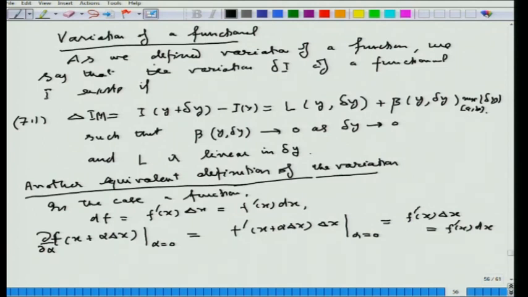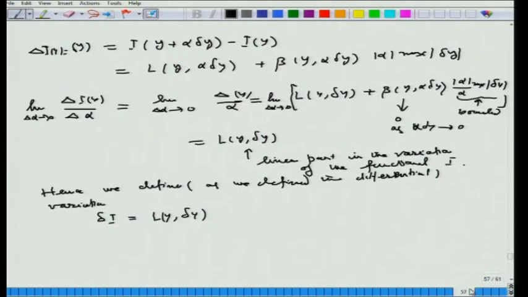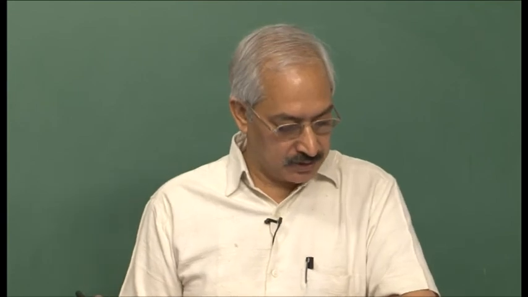Provided this beta goes to 0 as delta y tends to 0, we say that the variation of I exists, and as we define the differential of a function, we define the variation of this functional as the linear part in the increment. So, that is what we have in the case of the functional.